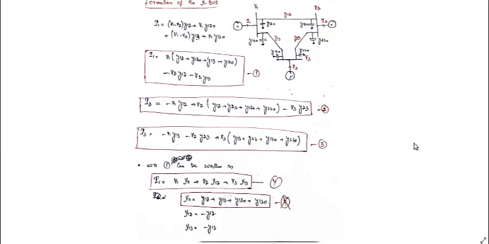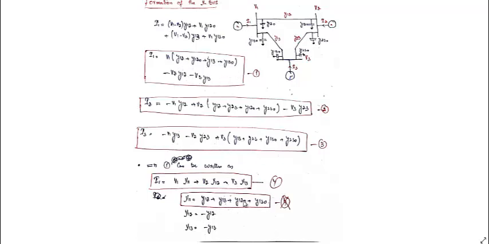So this equation 1 can be written as I1 is equal to V1 Y11 plus V2 Y12 plus V3 Y13. Here Y11 is actually this quantity, that is Y12 plus Y13 plus Y120 plus Y130.